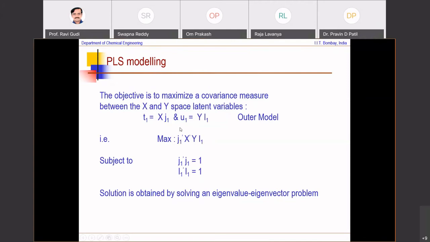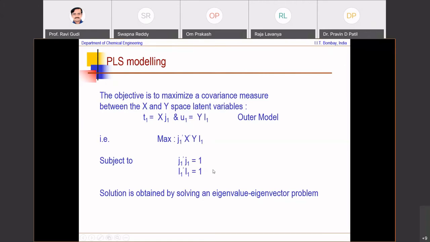In addition, I want to impose certain constraints: the linear combinations must be orthonormal. So J1 transpose J1 is equal to 1, and J1 transpose all other J's, J2, J3, J4, J5, are zeros. Likewise, L1 transpose L1 is also equal to 1.